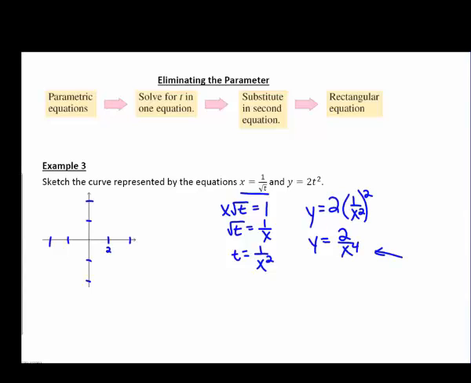So I'm going to make each of these 2 again, just like I did the last time with the previous graph. And so when I plug in 1 for x, I get 2. So I have that point there. And again, I know that I can't have 0 as an x value. If I plug in 2, I end up with 2 over 16, which gives me 1/8. And so this is going to be like really far down here.